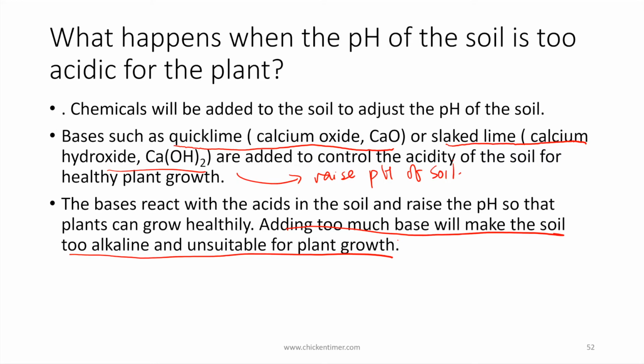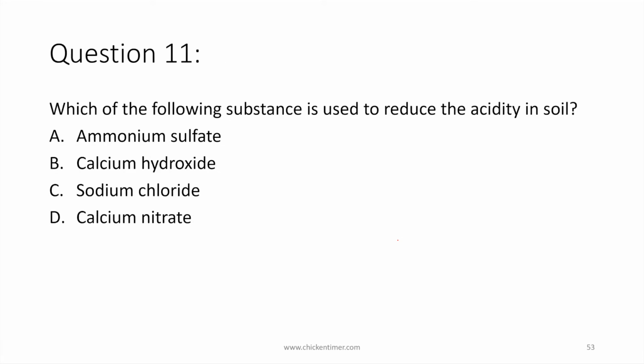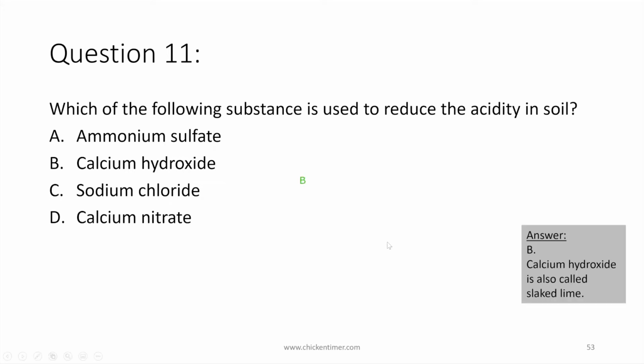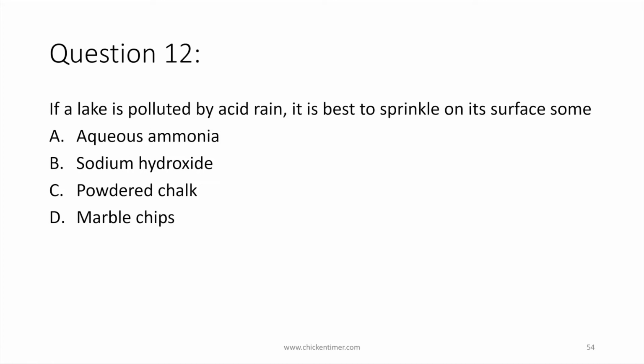That's the story. So the question they will ask you is something like this. Which of the following substances is used to reduce the acidity in soil? This is another variation. Instead of using soil, land, and all that, they ask you about a lake that's polluted with acid rain.